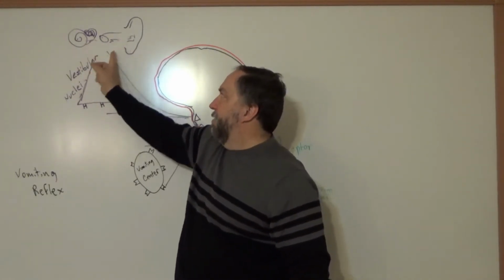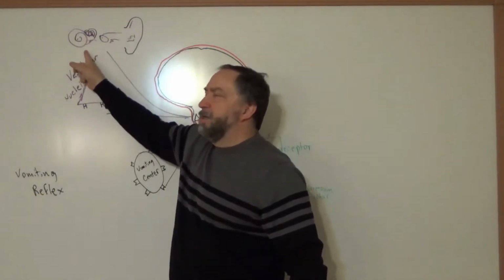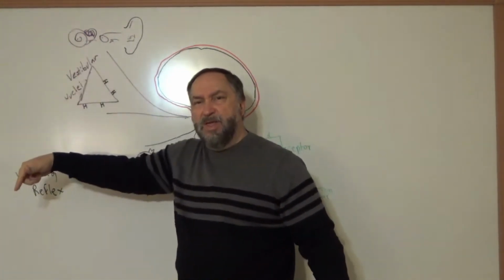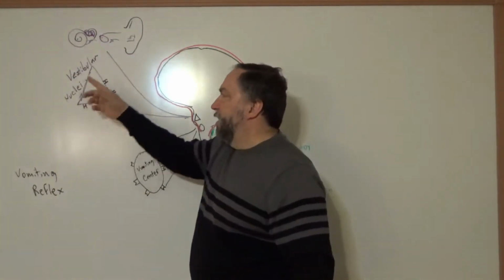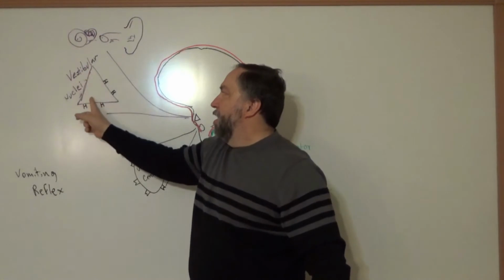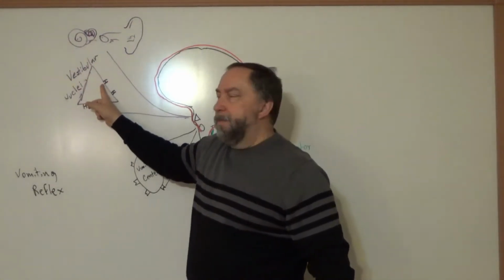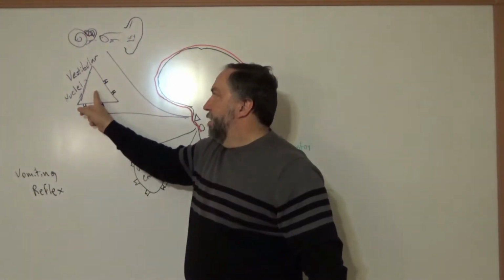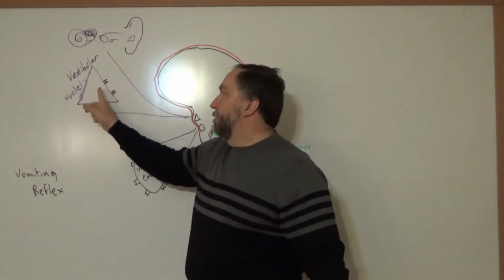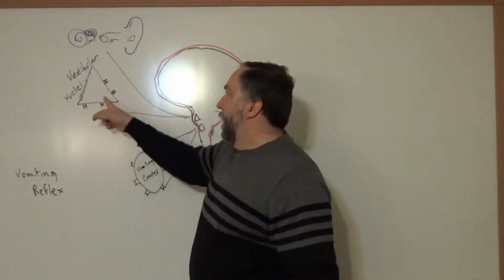vestibule, the labyrinth, and then the vestibule within it gets this and sends this message out via cranial nerve number 8. Not important, but all you want to know is that the inner ear gets this message and stimulates the histamine receptors, so that means that it creates histamine, because histamine is the neurotransmitter for histamine receptors.